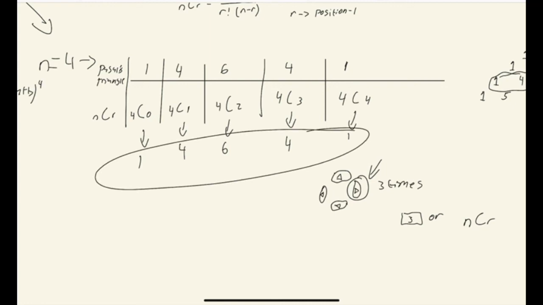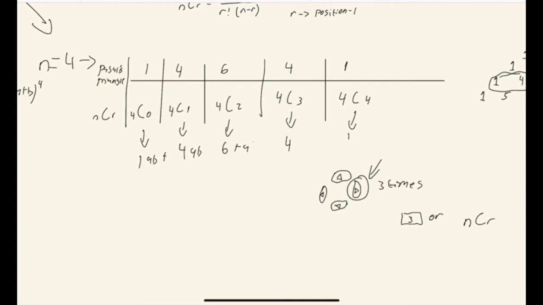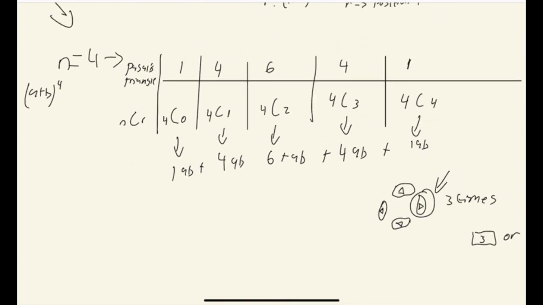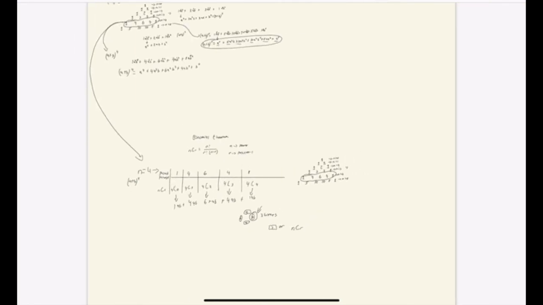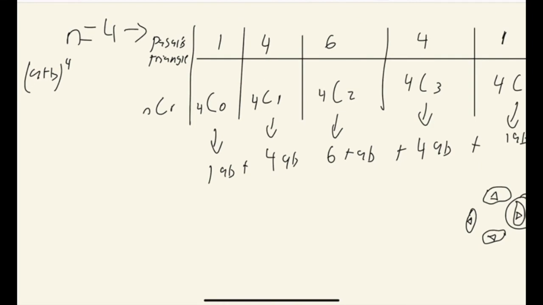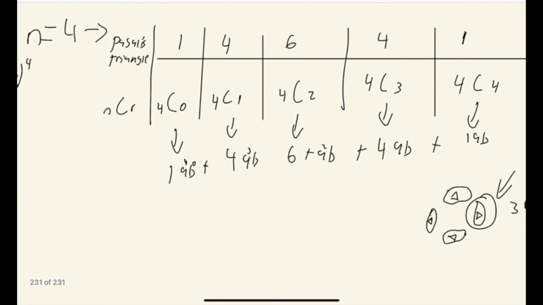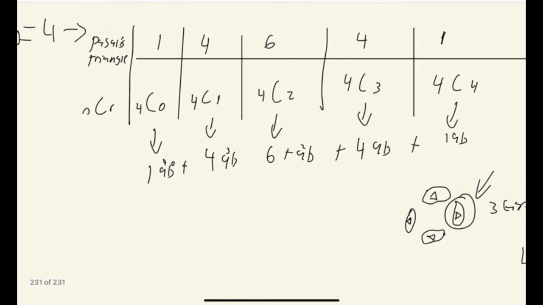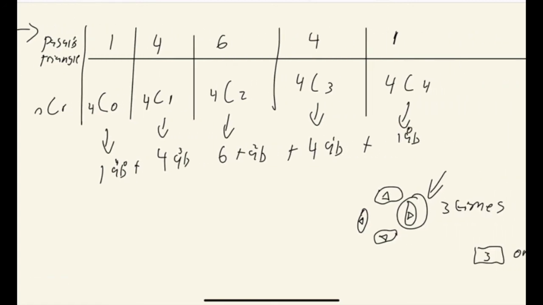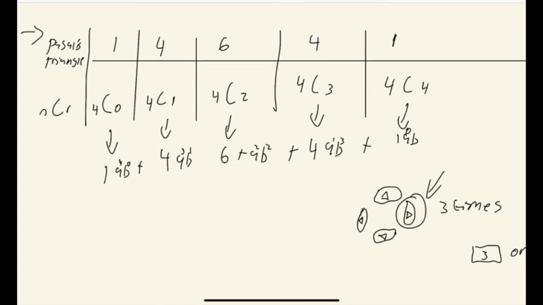Knowing this, you can do the a and b terms: a b plus a b plus a b plus a b plus a b, right? Pause the video and try to do it on your own, because we did the same example here. We said that a starts with the power 4, then 3, 2, 1, 0, and b goes 0, 1, 2, 3, 4.